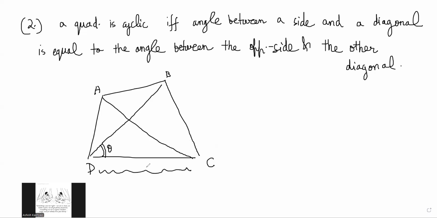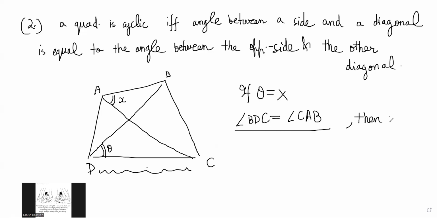The opposite side to CD will be AB, right? And the other diagonal is AC. So we have this angle here, x. If theta is equal to x, or if angle BDC is equal to angle CAB, then it is cyclic.